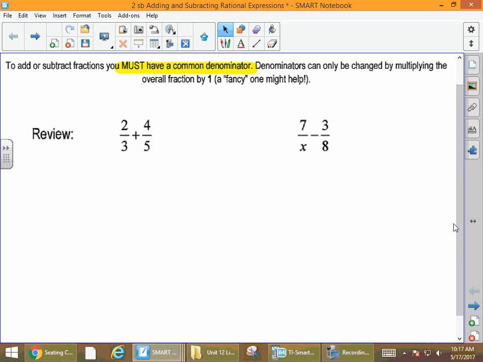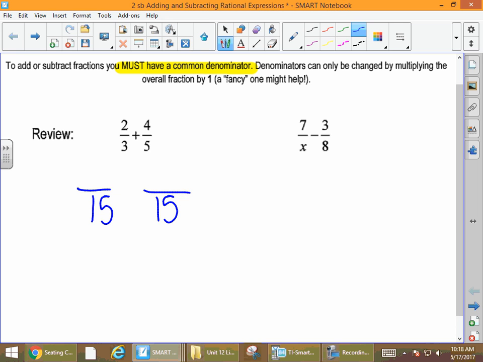So what we have to do when we find a common denominator is, at the very least, we can multiply the two denominators together. 3 times 5. Well, 3 times 5 is 15. That's going to be our common denominator. That always works.